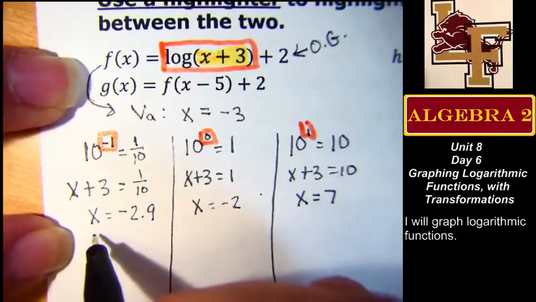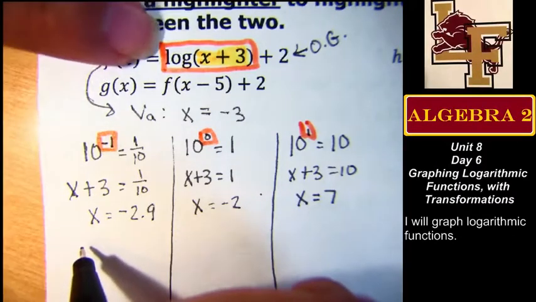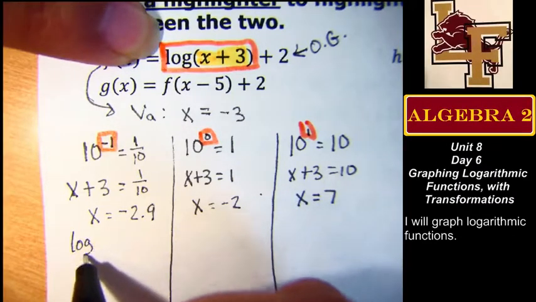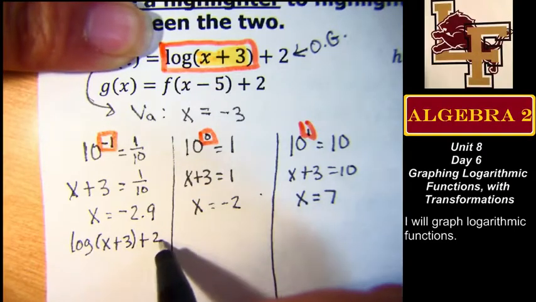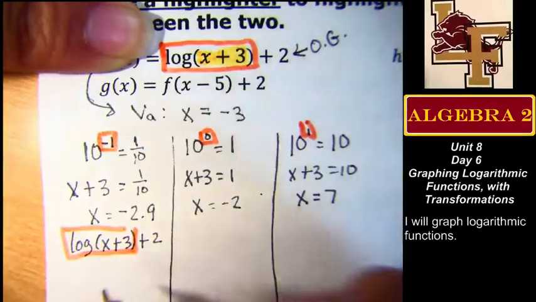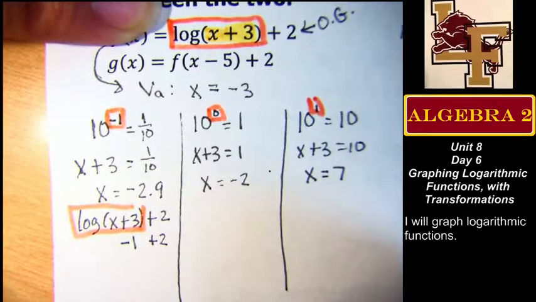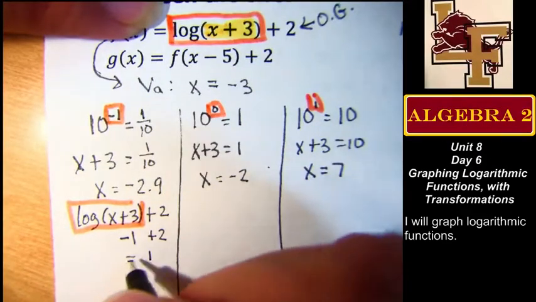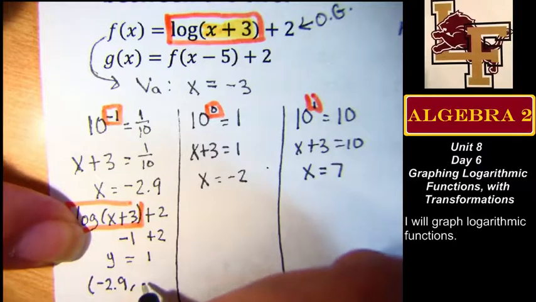So for the first one, when x is -2.9, I can replace all of this, log of x plus 3, I can replace all of this with a -1. That's my shortcut. Okay. And so when x is -2.9, y is 1.